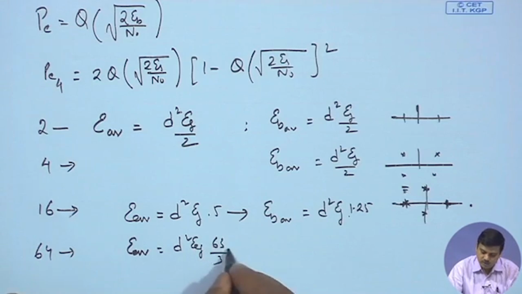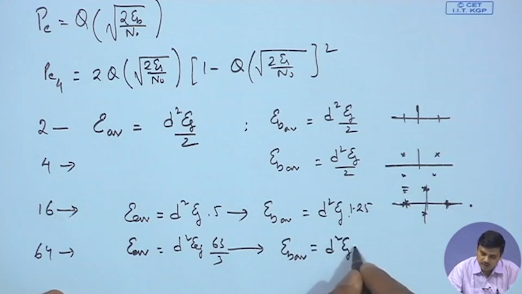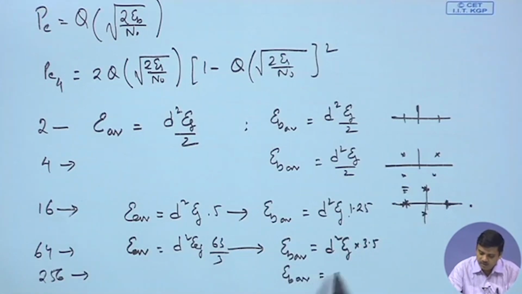So, of course, you can do this calculation yourself. E_b average turns out to be d squared E_g multiplied by 3.5, and if we have to go for 256 QAM, E_b average turns out to be d squared E_g with a factor of 10.625.